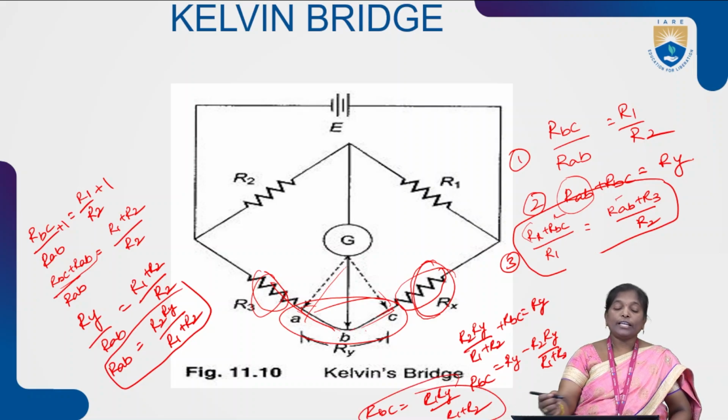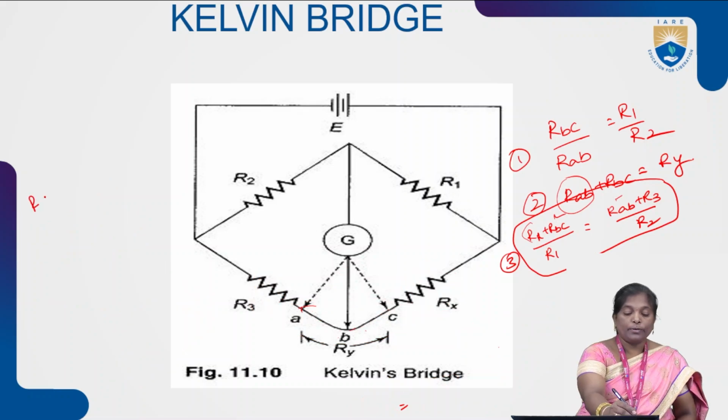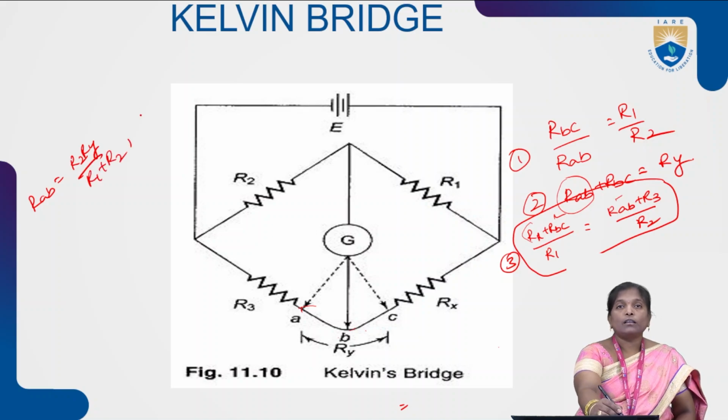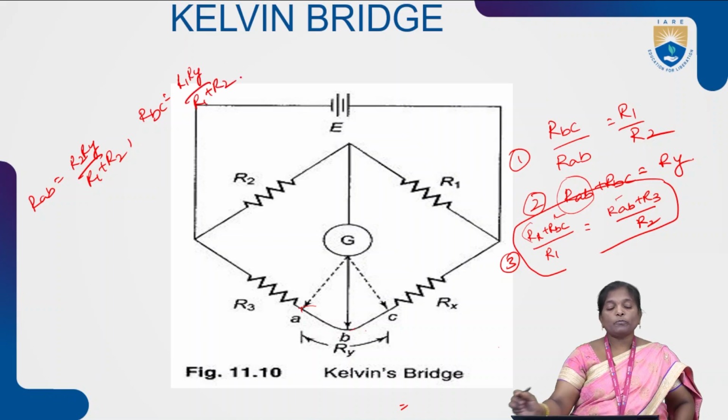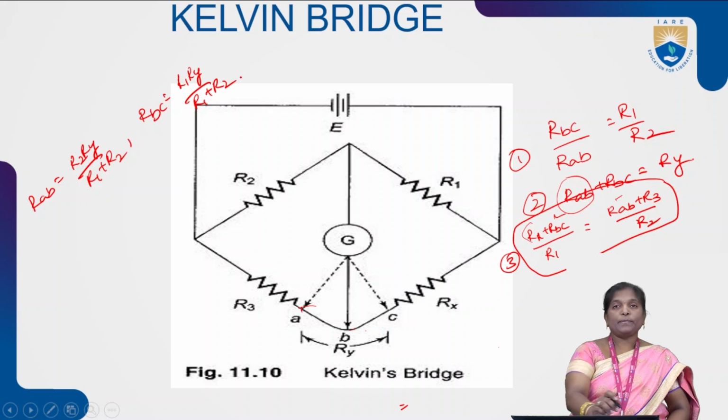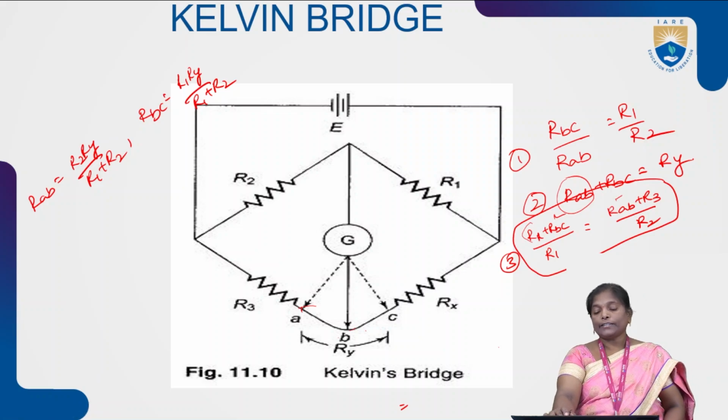Now, we have the expression for RAB and RBC. RAB equal to R2 RY by (R1 plus R2). Similarly, RBC equal to R1 RY by (R1 plus R2). Now, substitute RAB and RBC in the third equation.